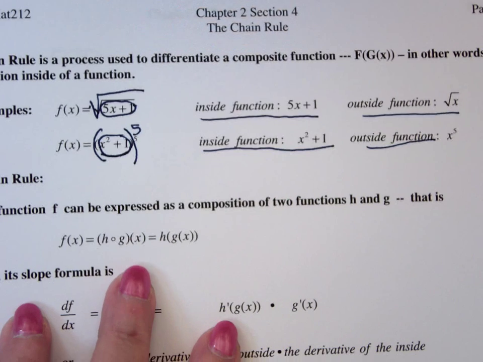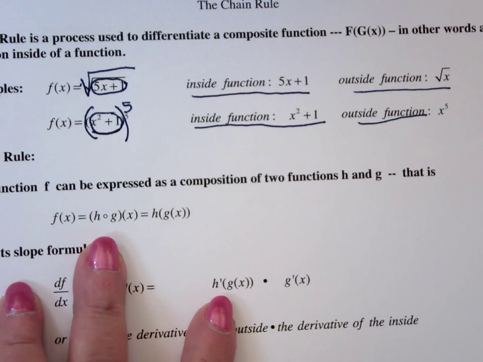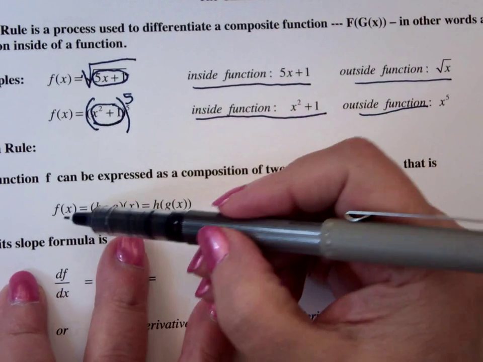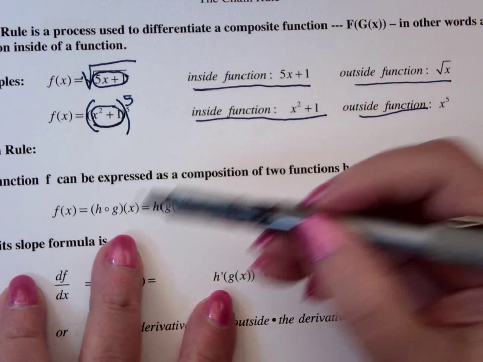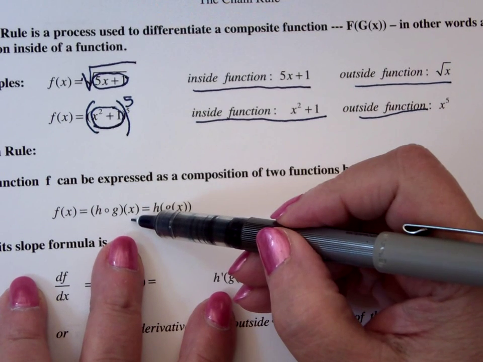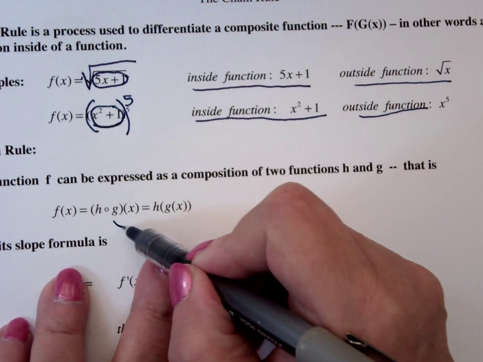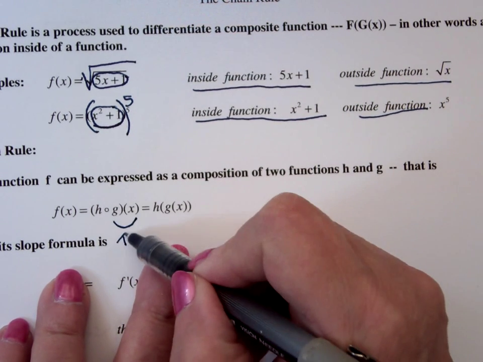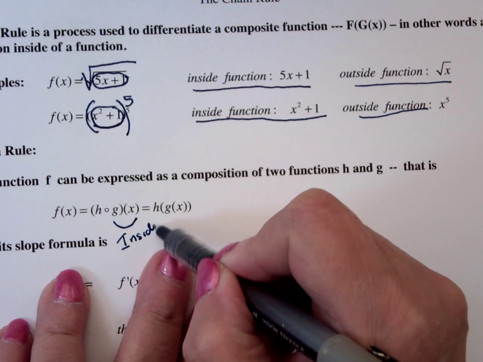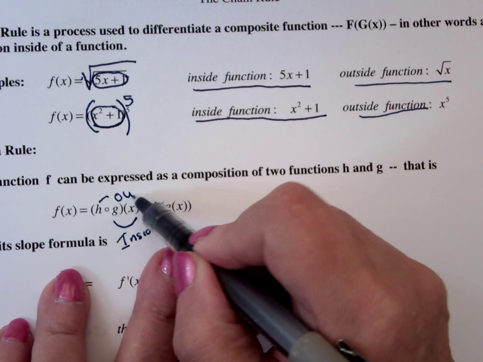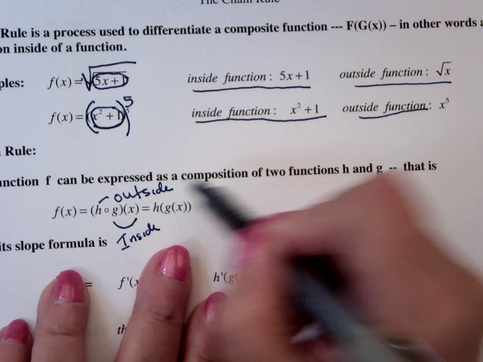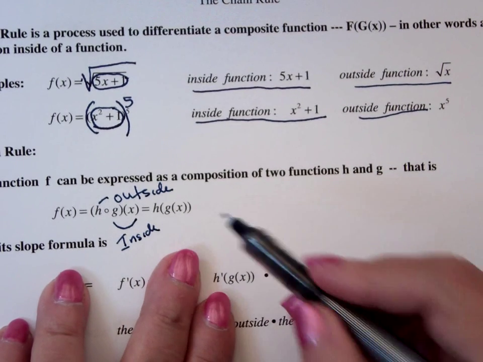Now, chain rule says this. If you have a composite function, this is h composed with g, that says the inside function is g, the outside function is h. So it's h of g of x.